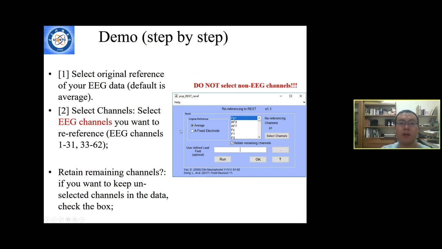Only select the EEG channels you want to reference. For this example data, the EEG channels are from 1 to 31 and 33 to 62. There is also an option about retaining remaining channels. That means if you want to keep unselected channels in the reference data, you can check the box.